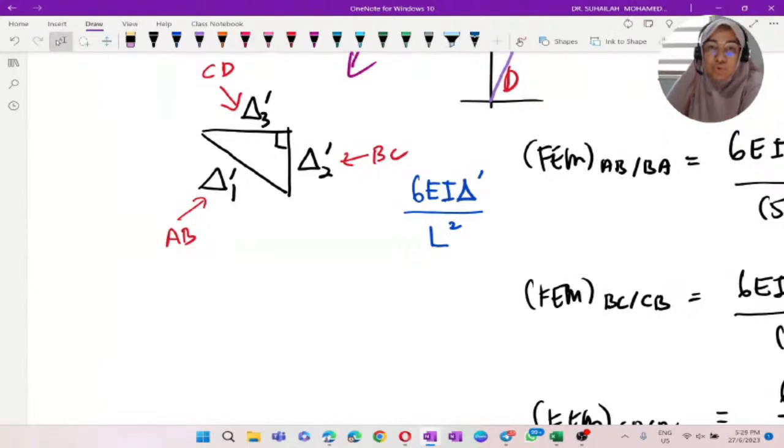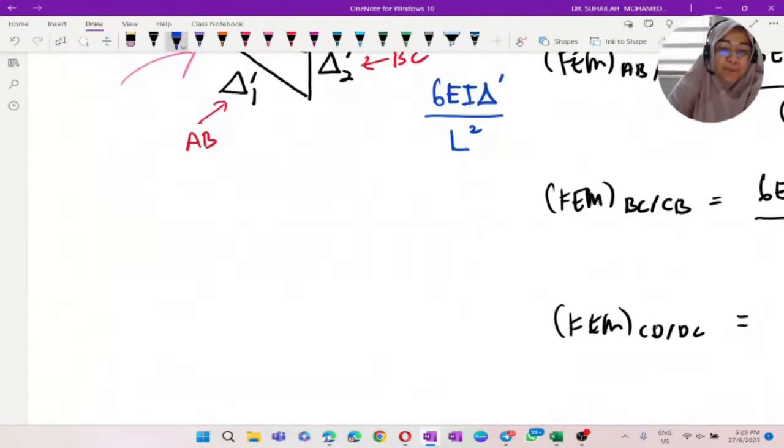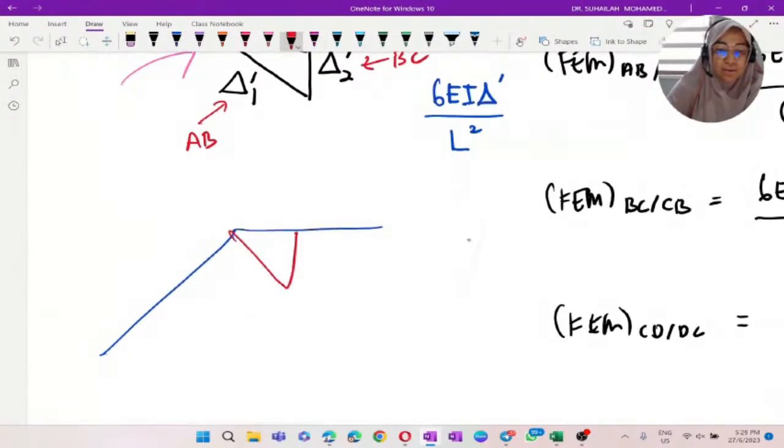So in order to do that, we have to have the angle in this diagram. Since this triangle is located here, we can calculate the angle.